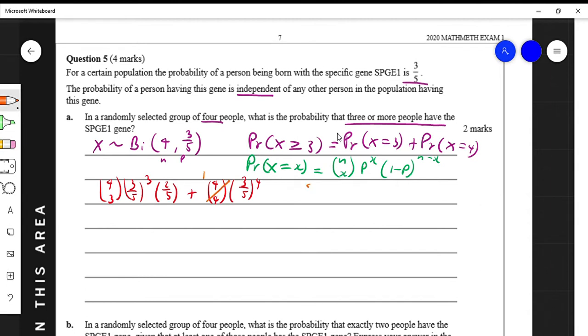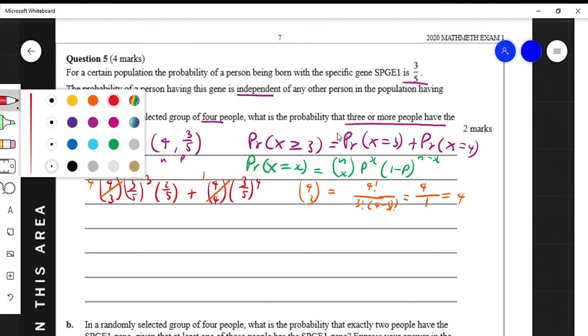Now let's work out 4 choose 3, using the formula 4 factorial on 3 factorial times 4 minus 3 factorial. You can work this out any way you want, but I'm seeing 4 over 4 minus 3 factorial is 1, 4 over 1 equals 4. So this number becomes 4, and we've reduced it to something a bit nicer.